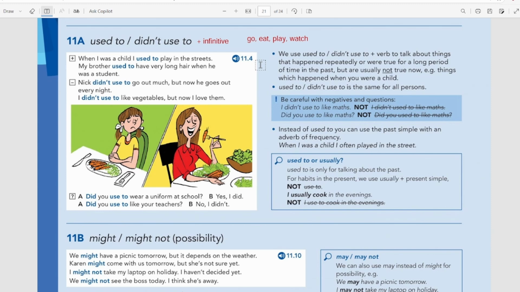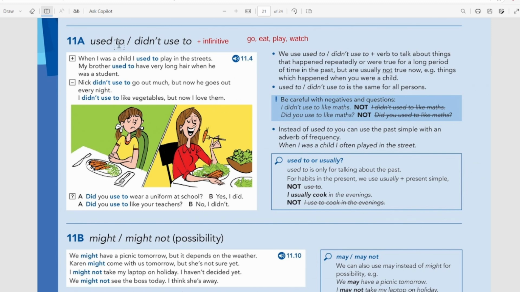We use used to talk about past habits, which you don't do now. In the long past, we used to do it. When we talk about the routine or habits that we did in the past and now it has changed and we don't do it anymore, we use used to plus infinitive.